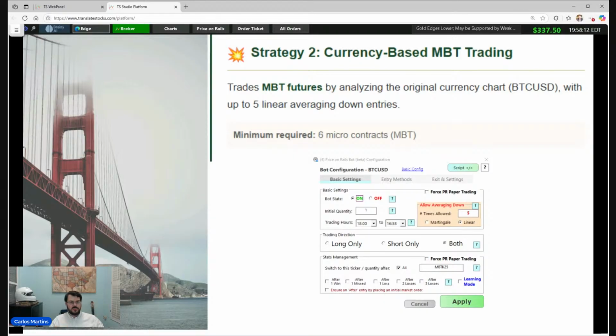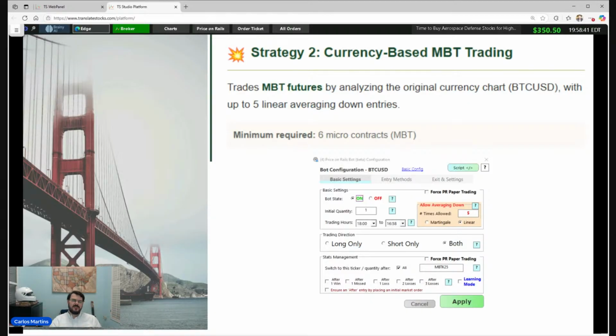micro Bitcoin contracts. The Bitcoin contracts are a little bit different from the S&P and the Nasdaq contracts. Actually, the most volume is on the micros. The big contract of the Bitcoin is trading like 10 or 15% of the total volume that we have with the micros in number of contracts.